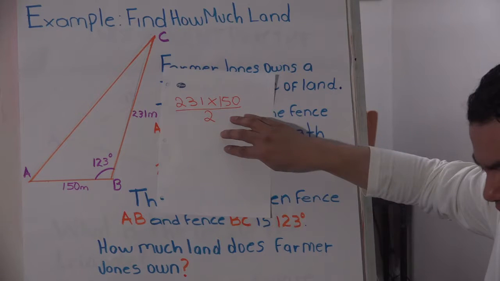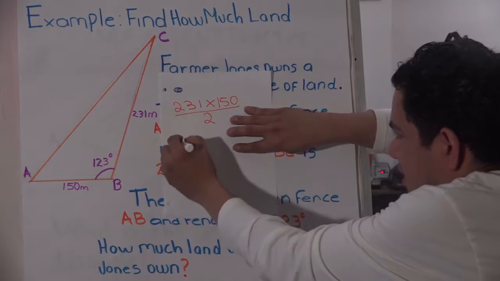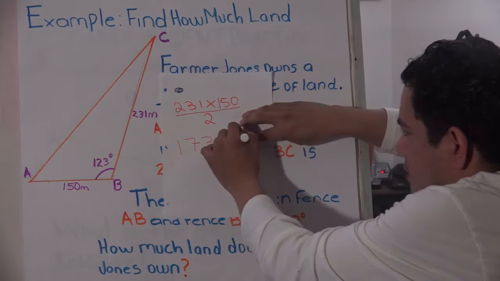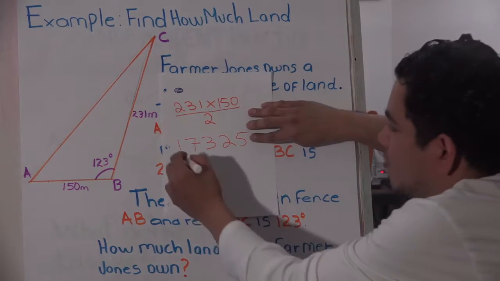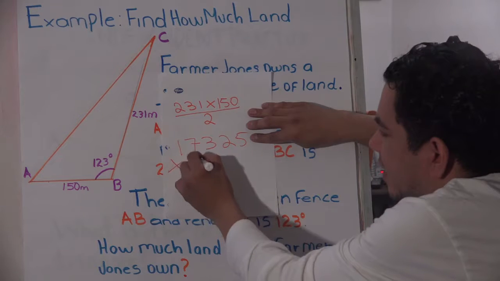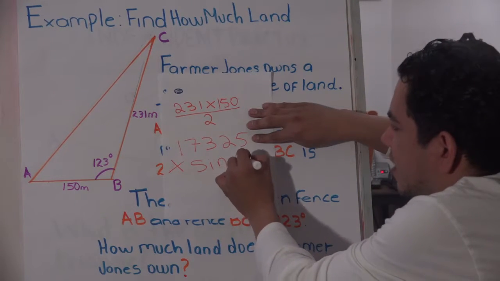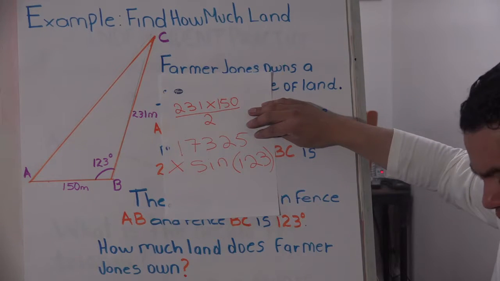Now take half of that, or divide it by 2, and I get 17,325. So what am I going to do with this number? I am going to multiply it by the sine of the included angle, which in this case is 123.